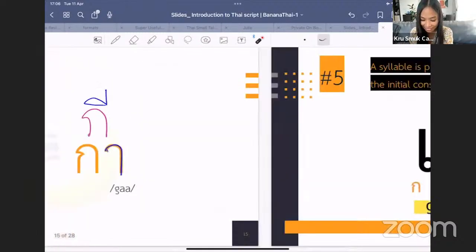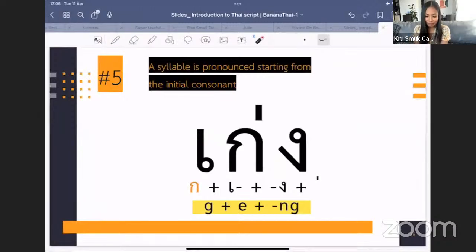A syllable is pronounced starting from the initial consonant, followed by a vowel, an ending consonant, and then the tone. So if you want to read this, should you start from the left? Let's take a look. This is the A sound, a vowel. This is the G sound. This is NG, the ending consonant sound.